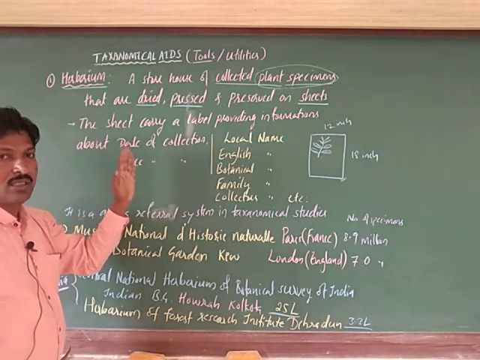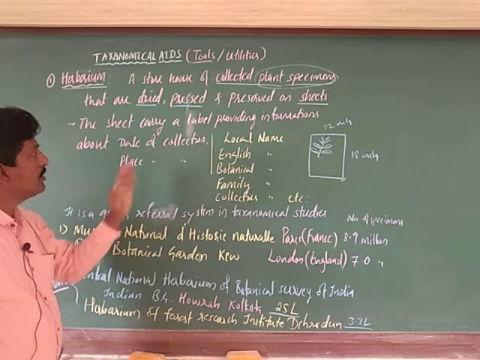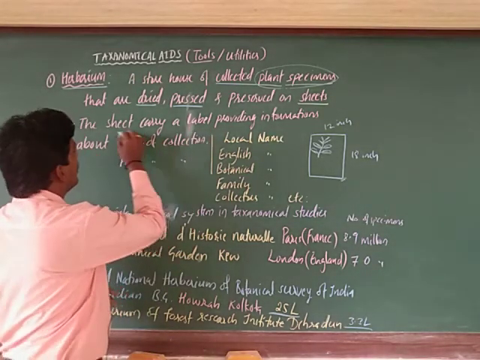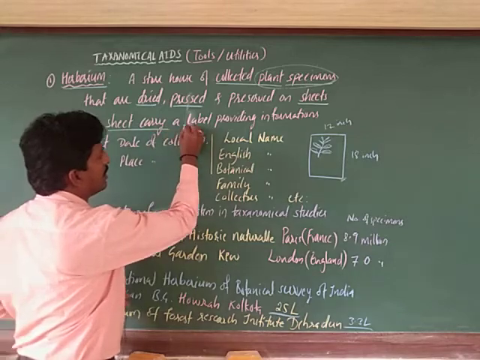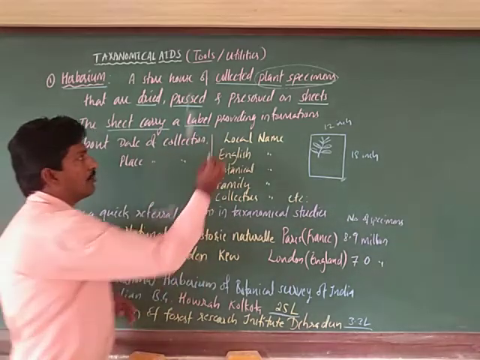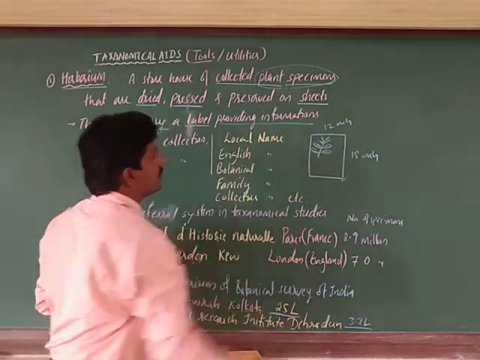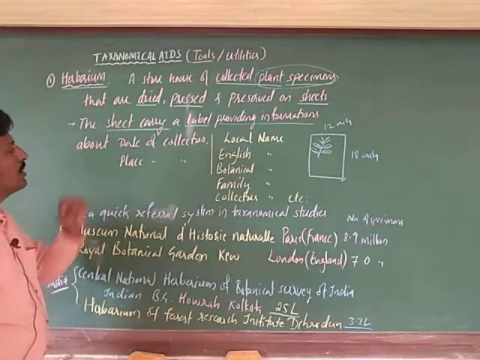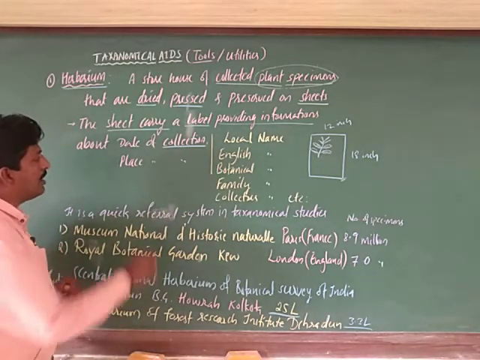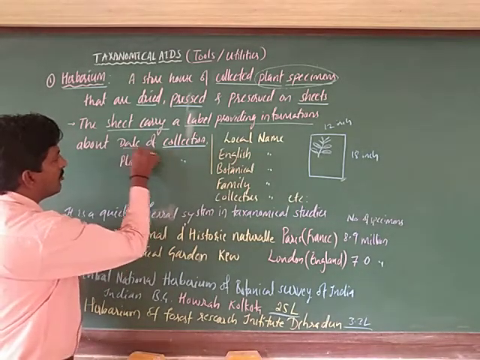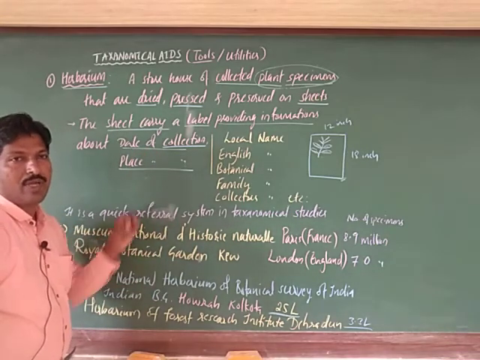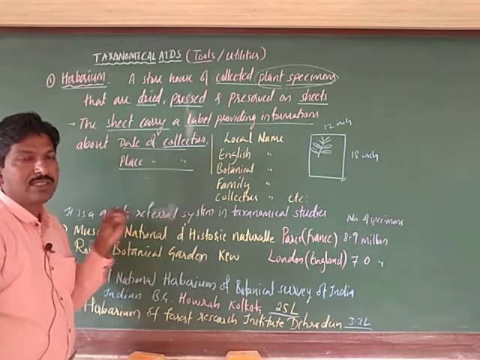Next, this herbaria sheet must carry a label that provides some information. That is the date of collection, very important, and the place of collection, from which place it is collected.